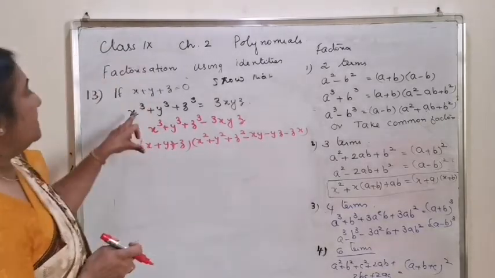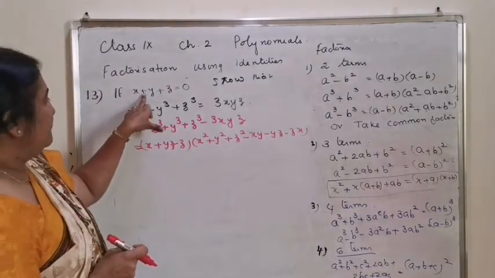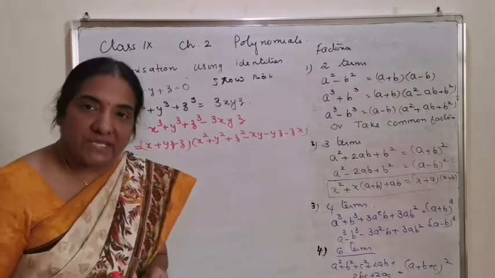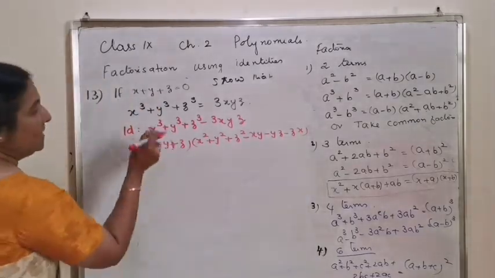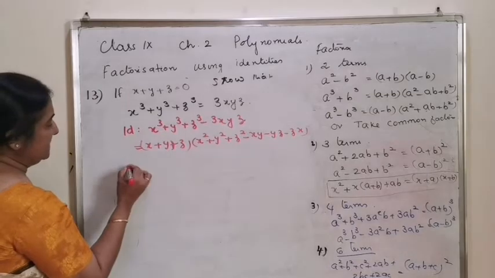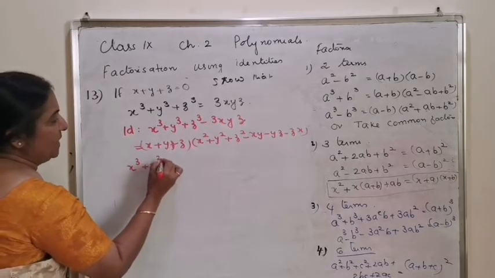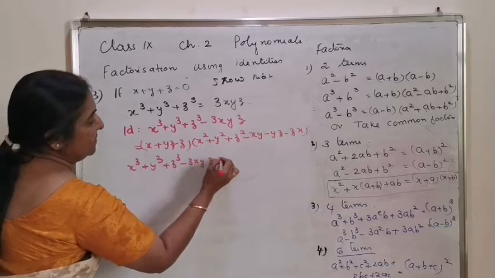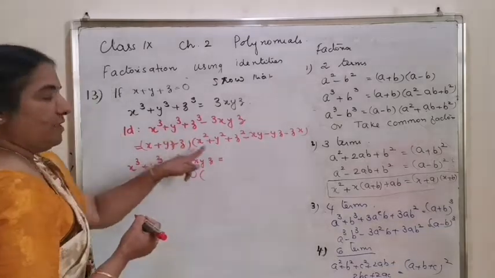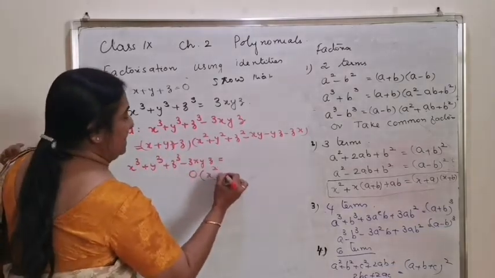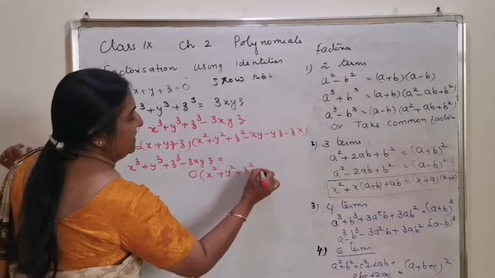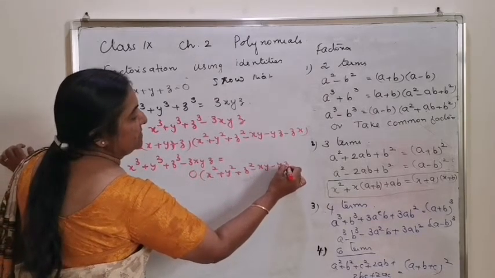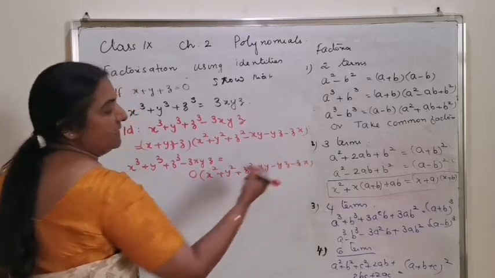Now, the question is, if x plus y plus z is equal to 0, you are going to substitute in this: x cube plus y cube plus z cube minus 3xyz is equal to 0 into x square plus y square plus z square minus xy minus yz minus zx.